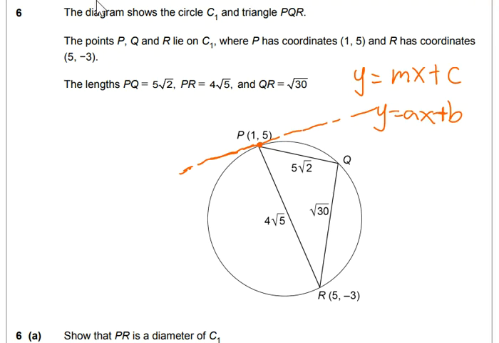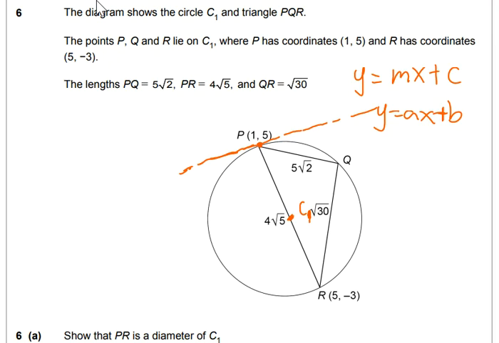We have already demonstrated that PR is the diameter of the circle. The center of the circle C1 we can notate as O1 or C1, it's totally up to you. Maybe let's notate it as C1 here.